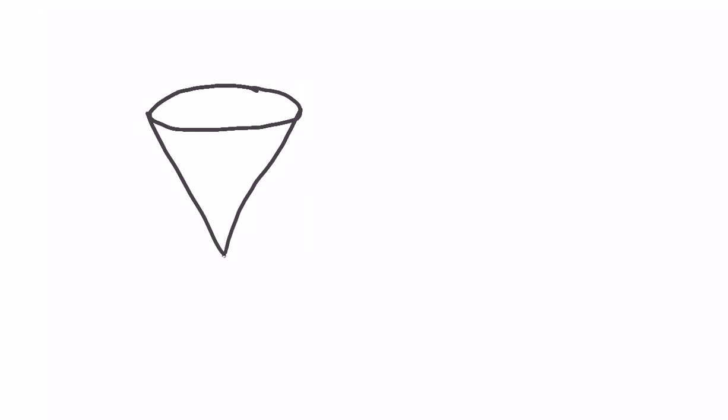It says a funnel in the shape of an inverted cone is 30 centimeters deep. So we have a funnel in the shape of an inverted cone, and it's 30 centimeters deep. It also says that the diameter across the top is 20 centimeters.